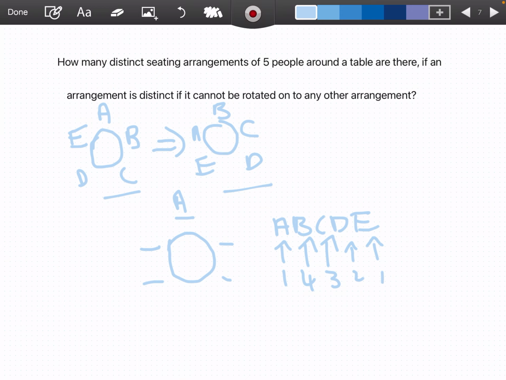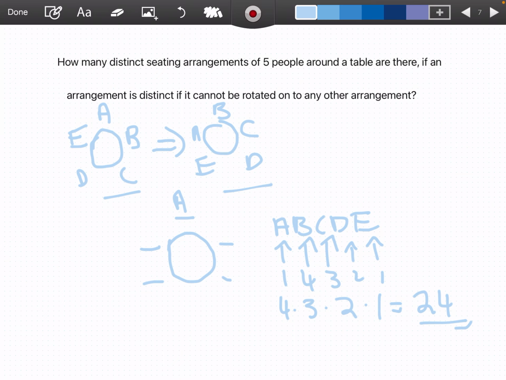And this will account for rotations, right? The rotations won't be counted twice because each time A will have 2 different people on its right and left. So this way we have accounted for the rotation of the table. So now there would just be 4 times 3 times 2 times 1, which is equal to 24 ways this can be done.